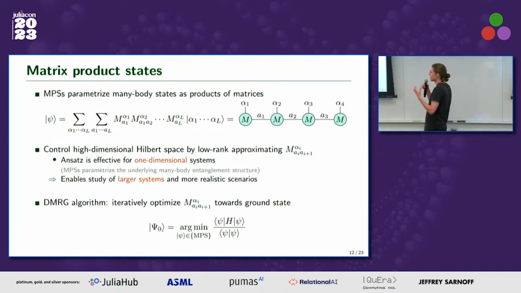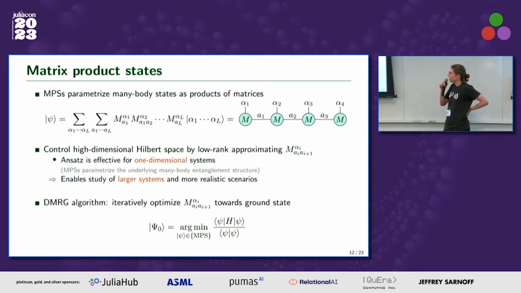This ansatz is particularly effective for one-dimensional systems, in the sense that Michael already talked about. You have a one-dimensional lattice of particles, and this has to do with the underlying entanglement structure of one-dimensional ground states. In practice, this enables us to study larger systems, which translates to more physically realistic or interesting scenarios.